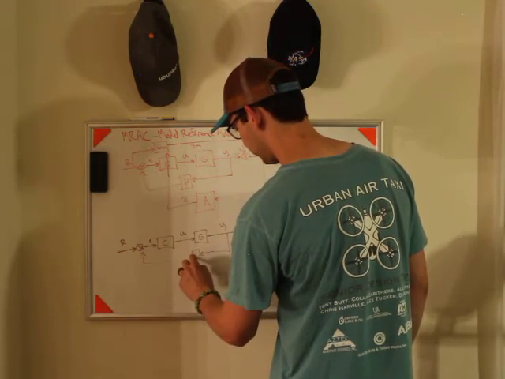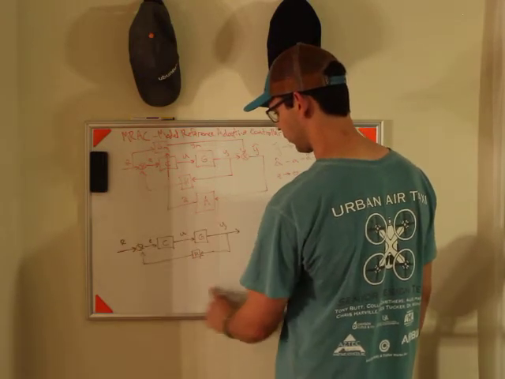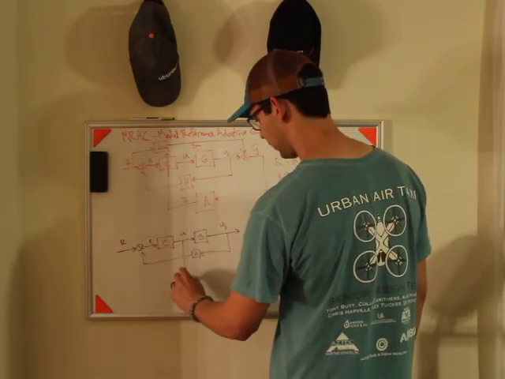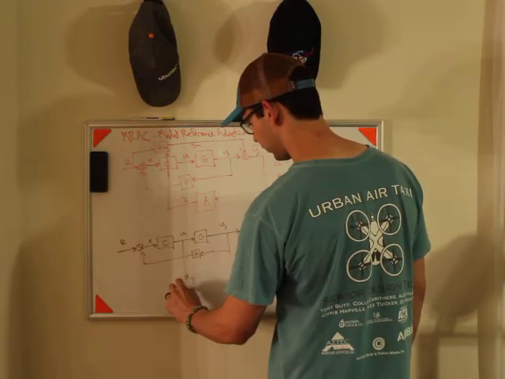Instead of having a model run through here and run that through the estimator, you take your control input and you run this through an estimator.